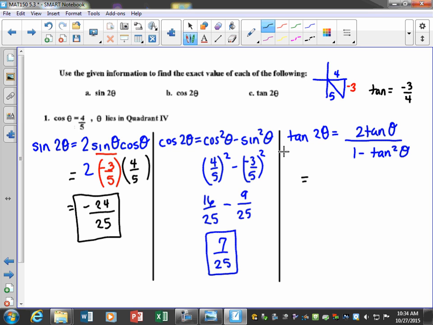We're going to have 2 times the tangent theta, which is -3/4, divided by 1 minus -3/4 squared. So that's going to be -3/2 in the numerator. And then let me do 1 minus 9/16, so as not to simplify too much all at one time.